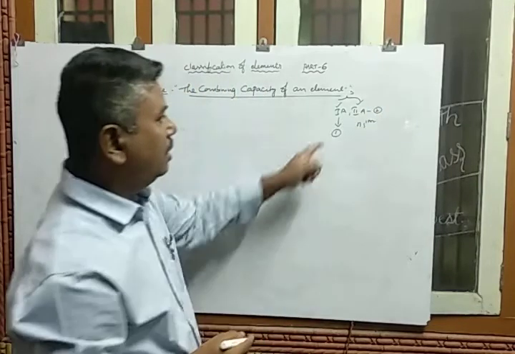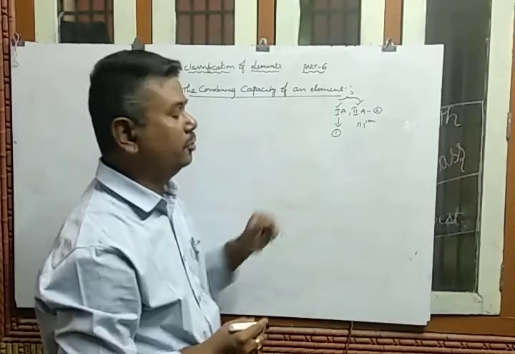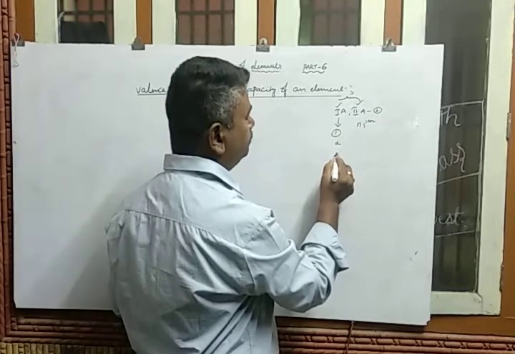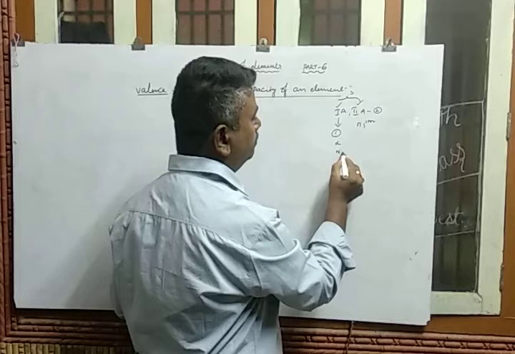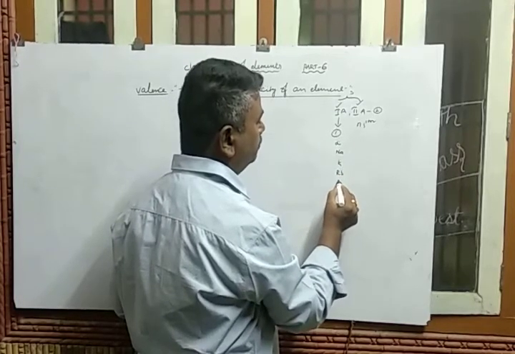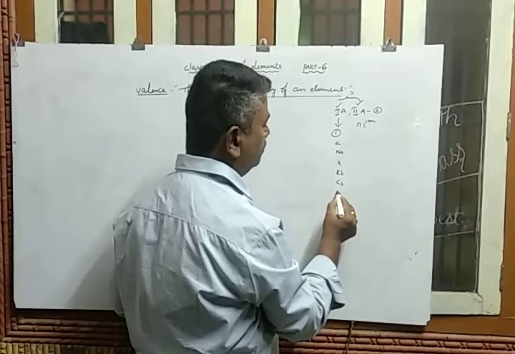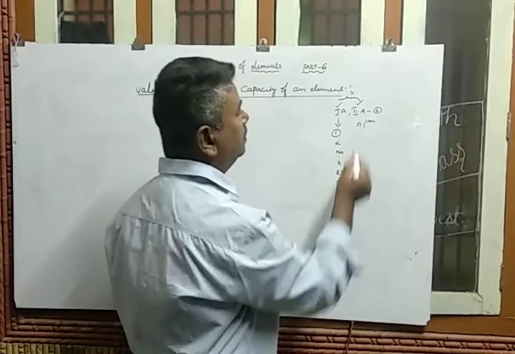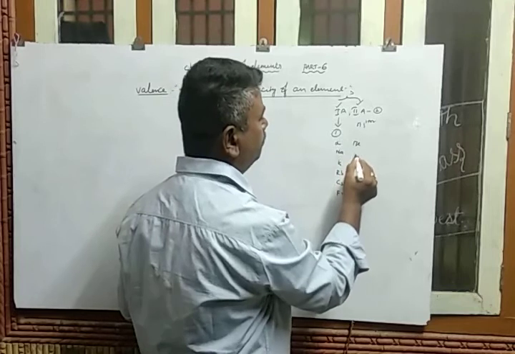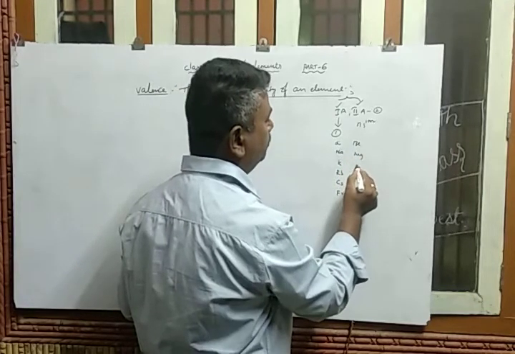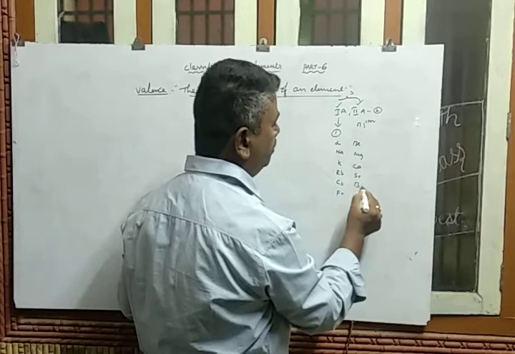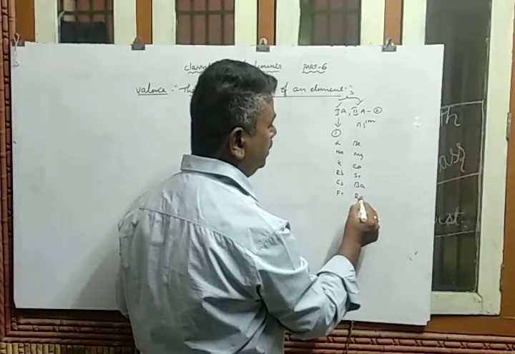All the elements in the 1A group means which ones? Lithium, sodium, potassium, rubidium, cesium, francium. Whereas in the second group: beryllium, magnesium, calcium, strontium, barium, radium.